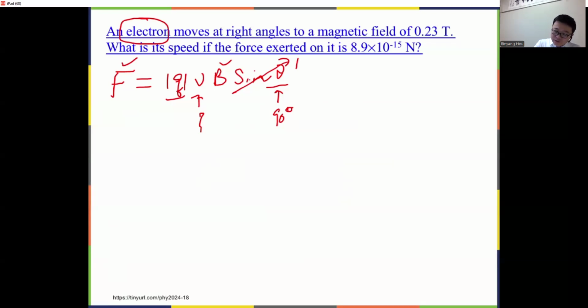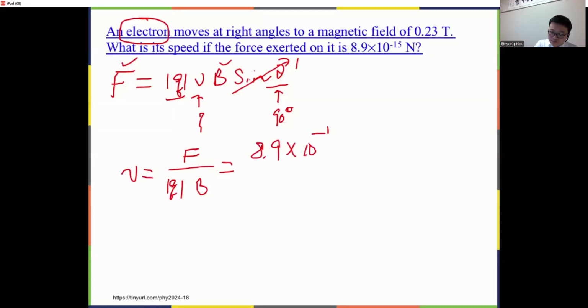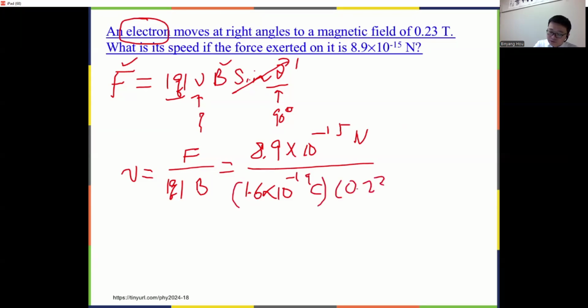So from this equation, we know V is going to be equal to F over the absolute value of q times the B field. It's algebra here. You rearrange terms, basically divide both sides by the absolute value of q times B, to get V. Then plug in numbers: 8.9 times 10 to the minus 15 newtons over the positive value of the electron charge, a constant, and the B of 0.23 Tesla.